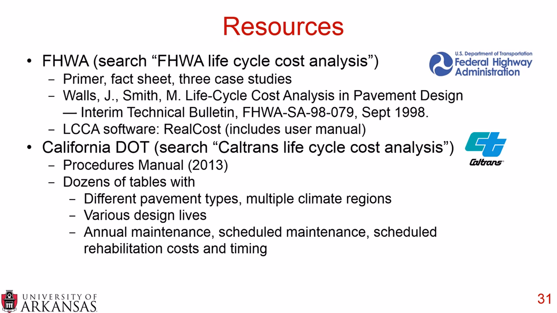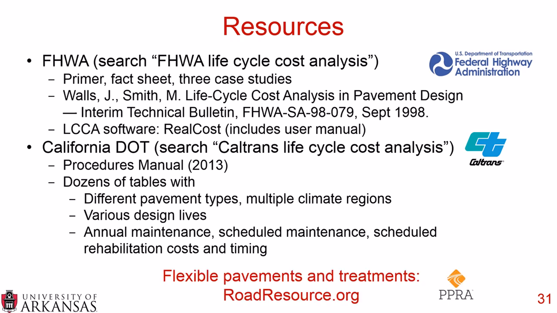So a lot of those assumptions that I said that are hard to find, when to apply treatments and how much do they cost, California has dozens of tables already established. Now we could have a very robust discussion as to whether or not those tables are correct or incorrect, but they're a starting point. They have some engineering robustness behind them, and they're a great way to kind of look at some different trends. So I definitely encourage you to check out the procedures manual that can be found through Caltrans.